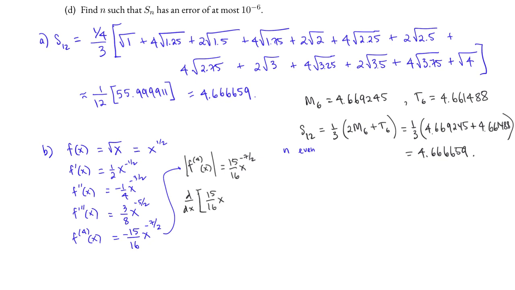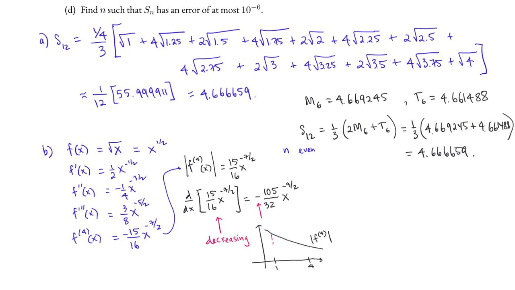Taking the next derivative, which is the fifth derivative, but of the absolute value, we see that it is negative. So the absolute value of the fourth derivative is decreasing. Its highest value must be at x equals 1, the leftmost endpoint. Plugging 1 into the absolute value of the fourth derivative, we have 15 over 16. This upper bound, or the maximum value, is the value k in the error bound for the Simpson rule.